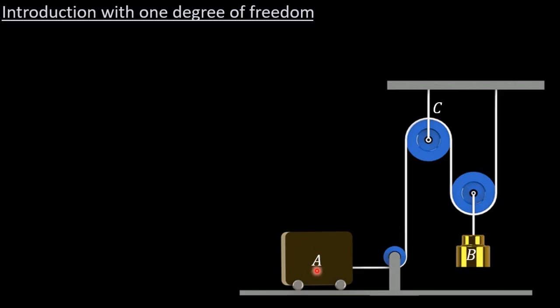Particle A is constrained to only move horizontally and particle B is constrained to only move vertically.